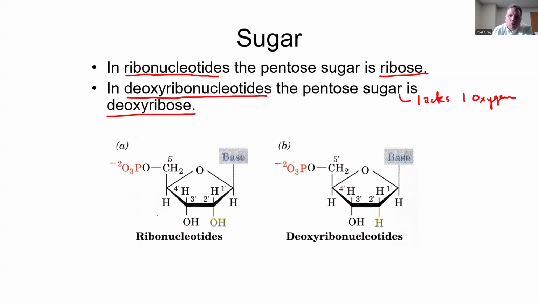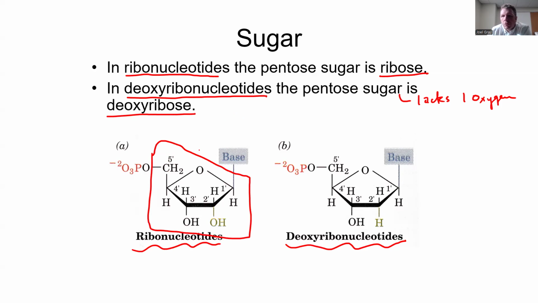Now, here are two structures. Here's a ribonucleotide, and here's a deoxyribonucleotide. Now, it's important to recognize what this whole thing is. So, before we do that, though, we've got this structure right here, which is our sugar. We've also got the phosphate group. And then add to that, we have a nitrogenous base.